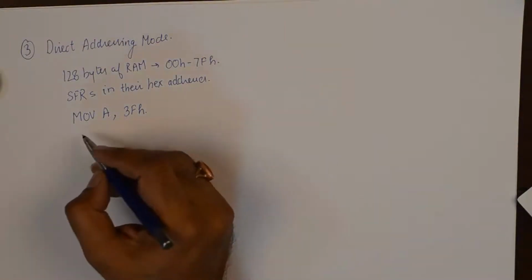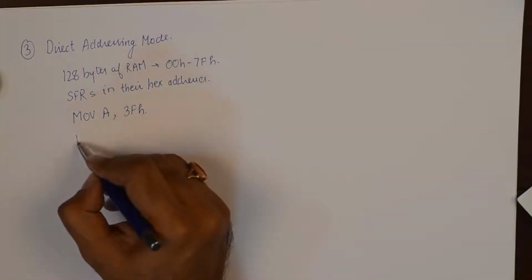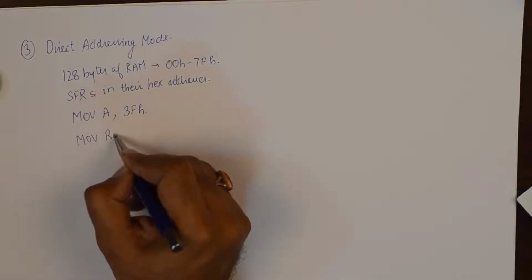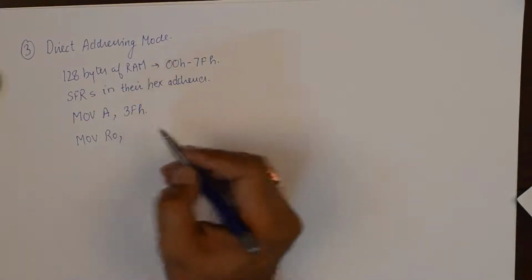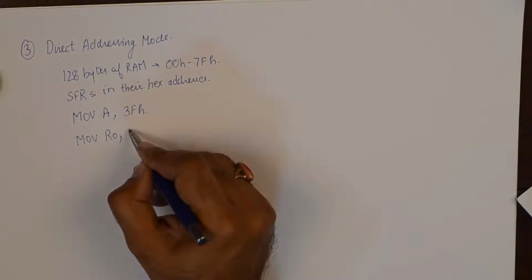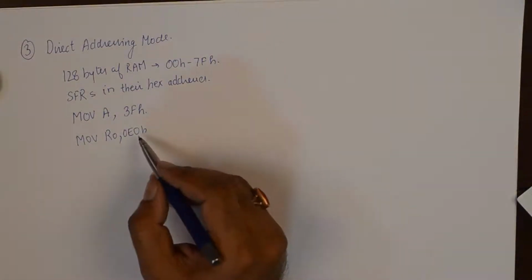And similarly you could use move R0, and for example E0H. Again, we need to put a 0 next to any register address that starts with an alphabet.